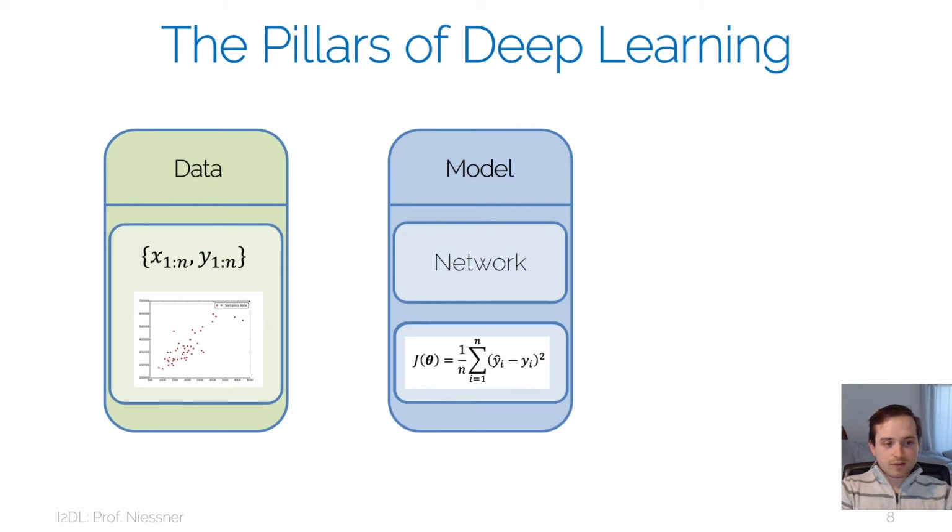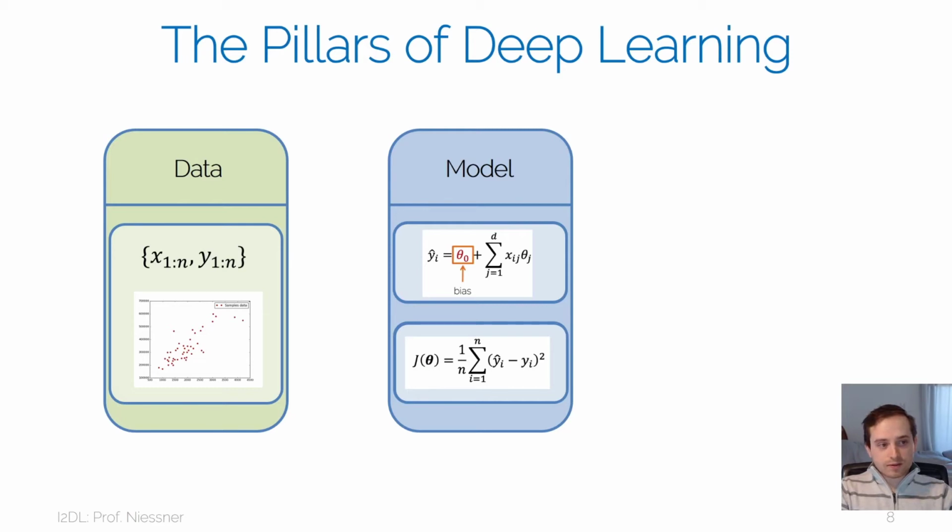In this case, you just have the square error, so that's what we're minimizing here. And the model which actually performs the prediction is just a linear model: theta multiplied by the input x plus some bias. So that's linear regression if you break it down into these 2 pillars.